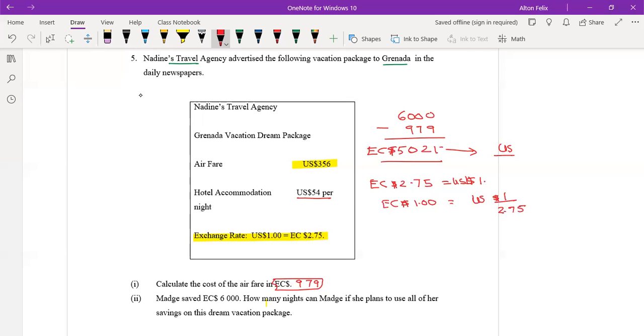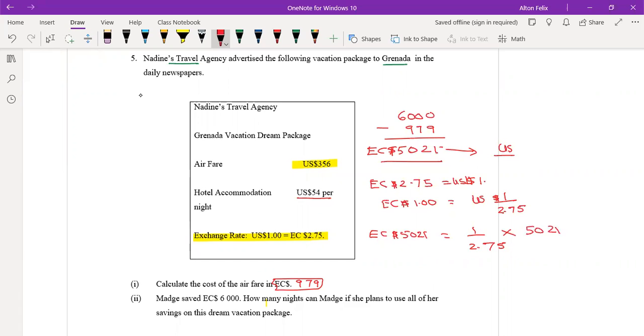So we can leave it like that because we're really interested in finding out how much EC 5021 is. So it will be this figure, 1 over 2.75, which is the US for one EC, and now we're multiplying that by the 5021.